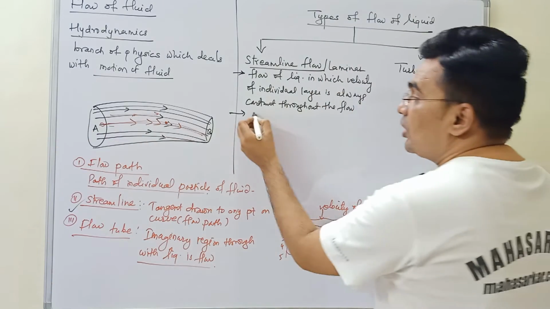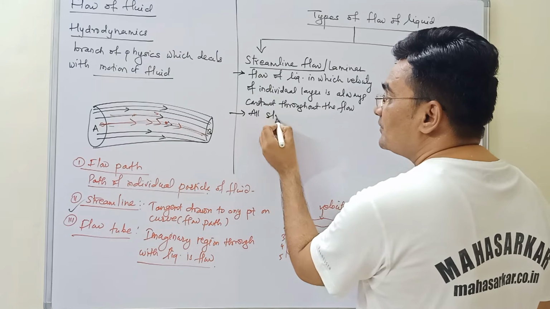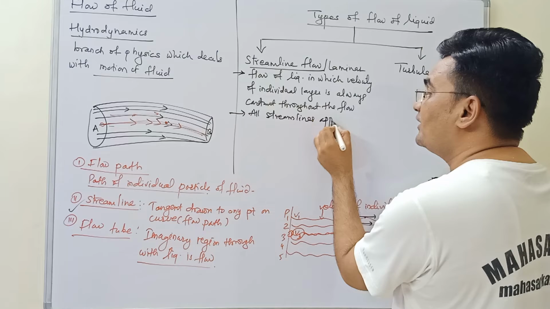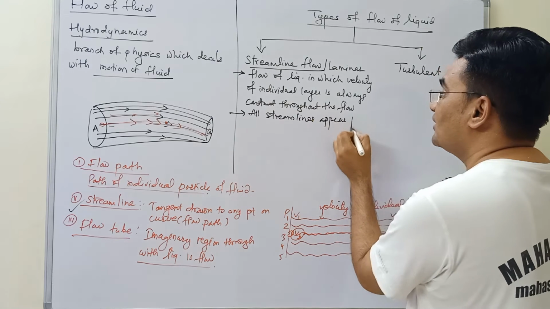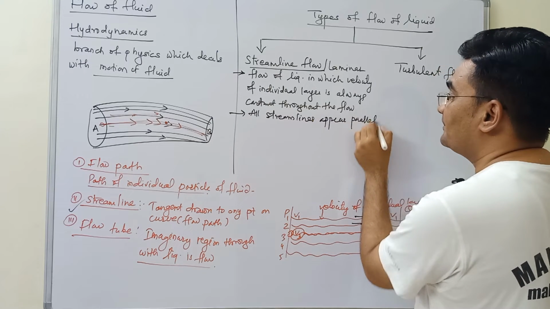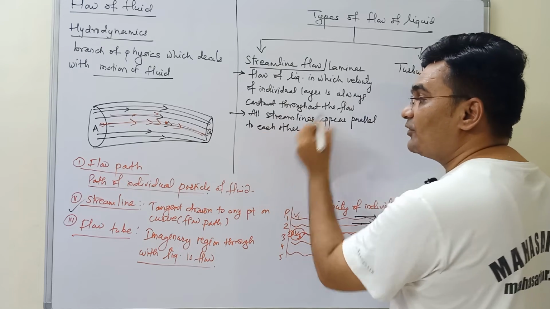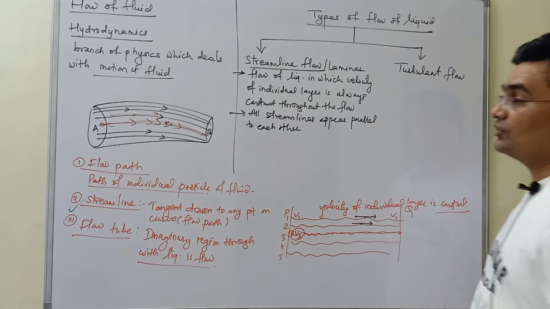So all the streamlines appear parallel to each other. This type of flow is called streamline flow.